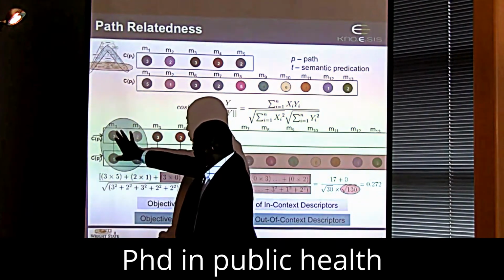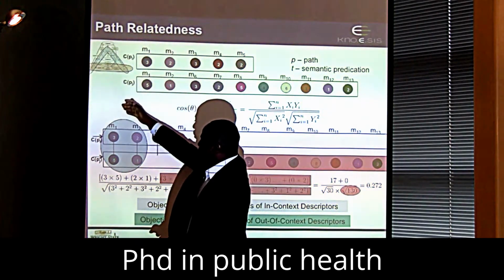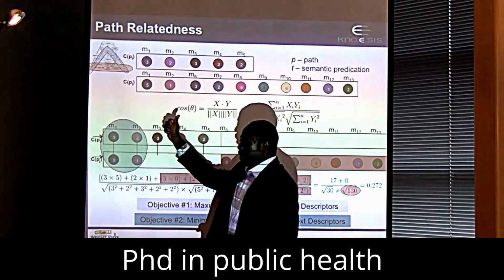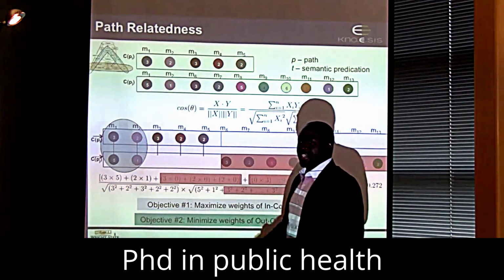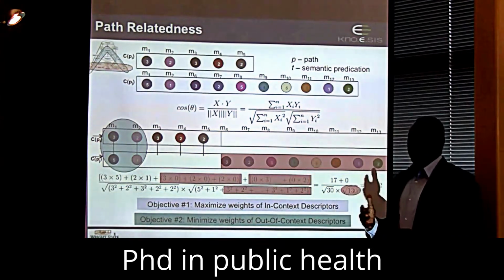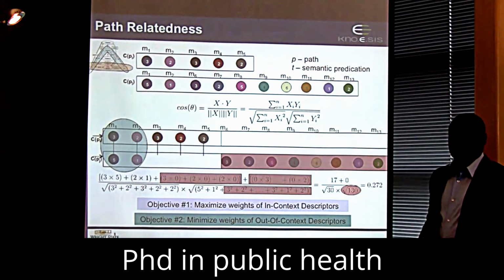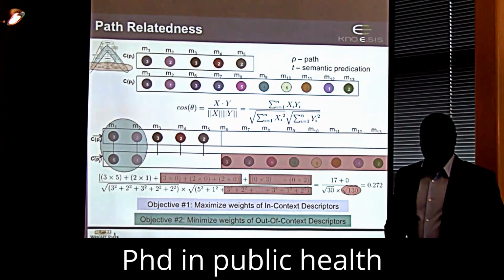But if we still keep the frequencies, it means that if we have a third vector that has M1 and M2 with different frequencies, then the dot product of these frequencies will give the two pairs of paths different relatedness scores.